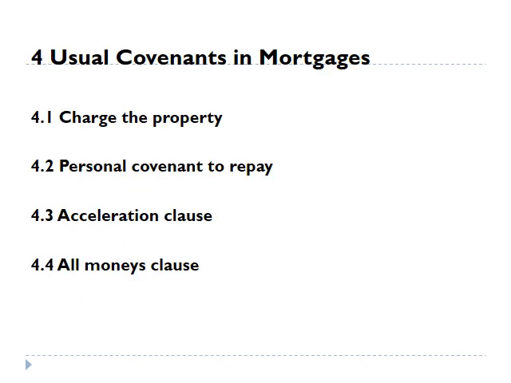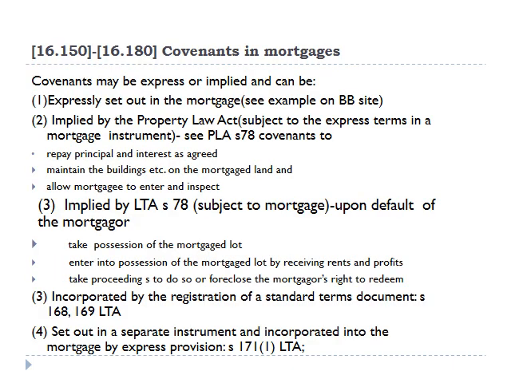Now, these are the covenants that we will be considering in this part. They are not the only covenants, as you will see in the mortgage document, but they are important covenants. But firstly, let us look at this: covenants in mortgages might be express or implied.